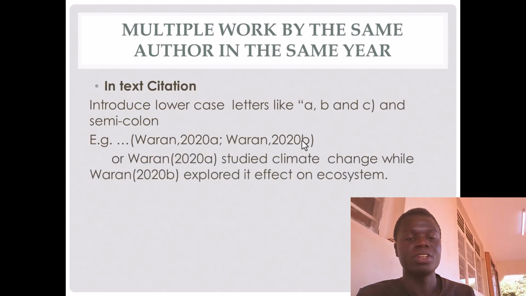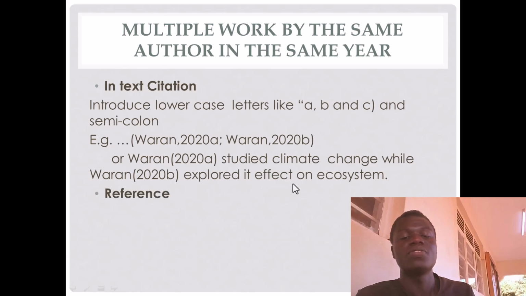Or else you can say around 2020a, and that is the first article, studied climate change, while the same author in the same year, 2020b, is the second article. So the second publication explored its effect on ecosystem.